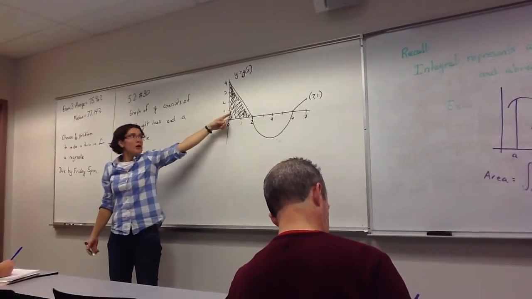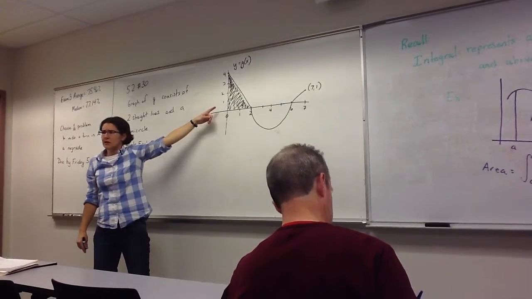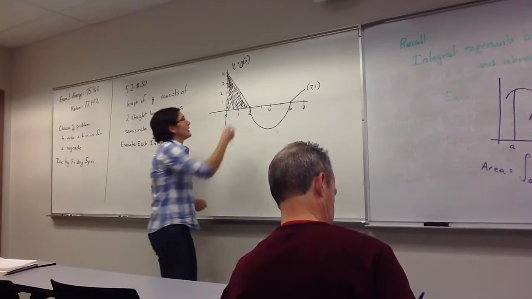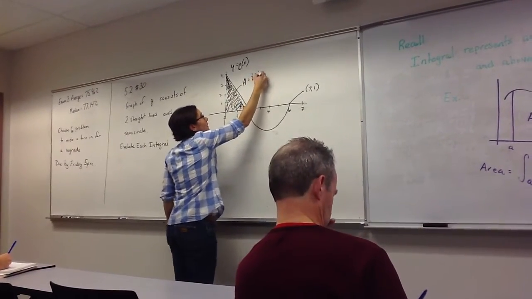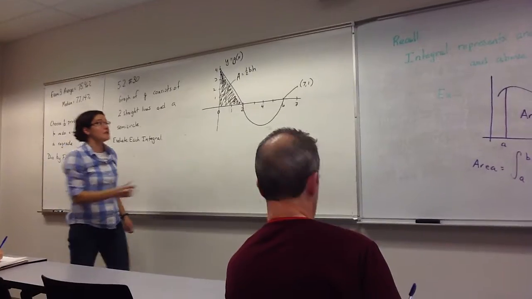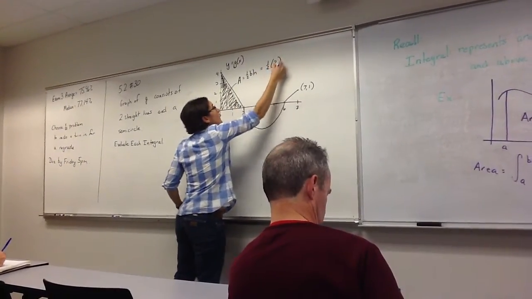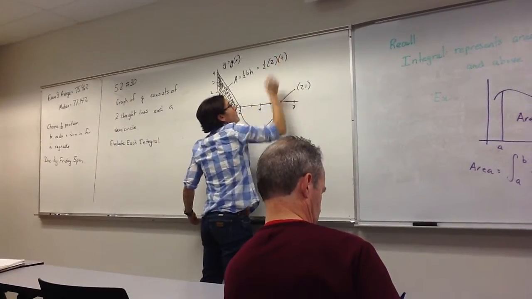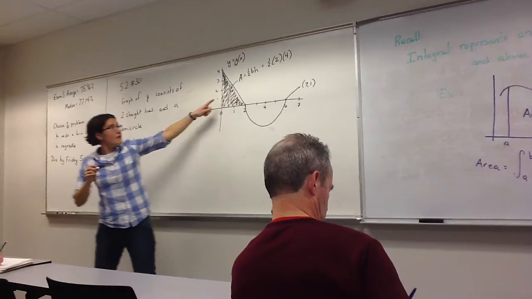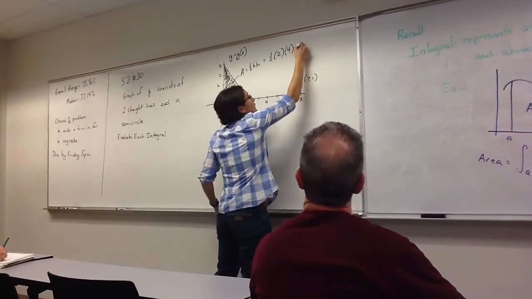This is a triangle. So what's the formula for the area of a triangle? Yeah, 1/2 the base times the height. In this case, our base is 2 and our height is 4. And so the area of this black triangular region up here is 4 square units.